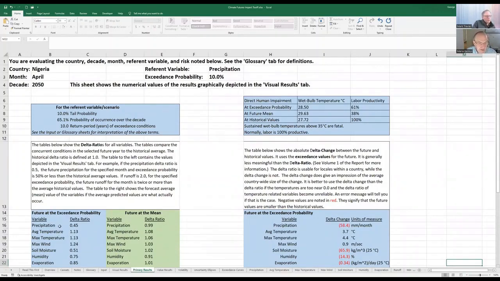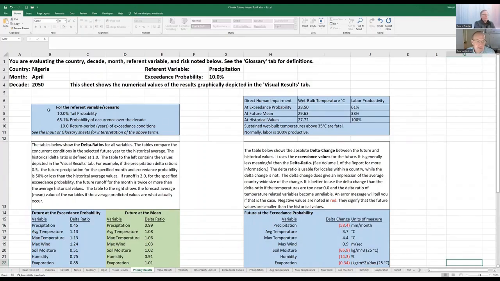Right, that's right. Okay, so here it gives the numerical analysis, so you can see how different things down at the bottom are here than what they would normally be, and the ratio is pretty much more meaningful to me in terms of the temperatures and the changes. But you can actually see the absolute changes on the other side of this, and you can also see the cause of the human impairment in terms of the wet bulb temperature.